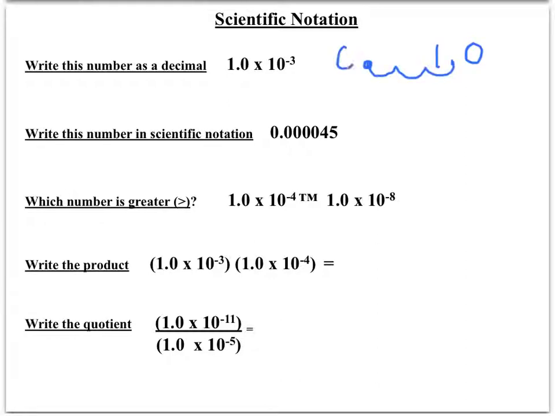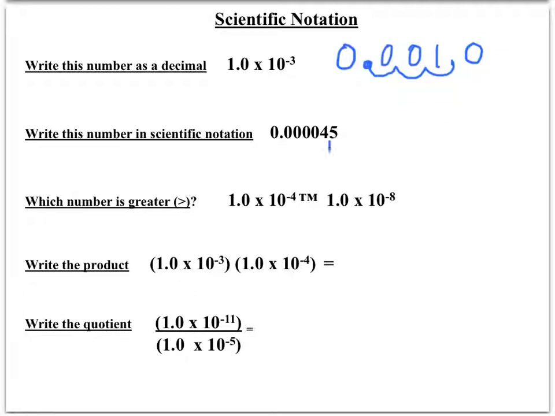As a decimal form, this number would be 0.001. If we're considering significant digits, the final 0 would remain. The next says, write this number in scientific notation.